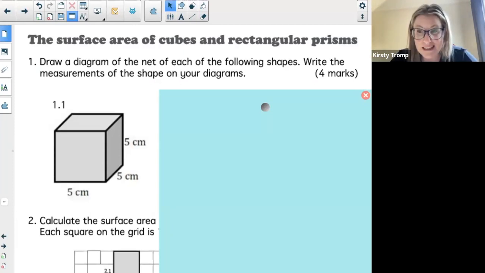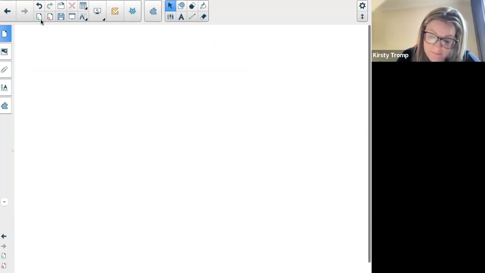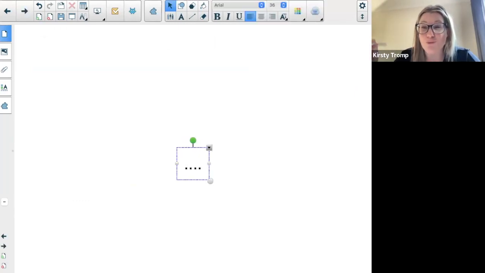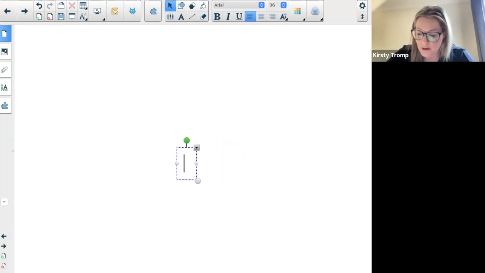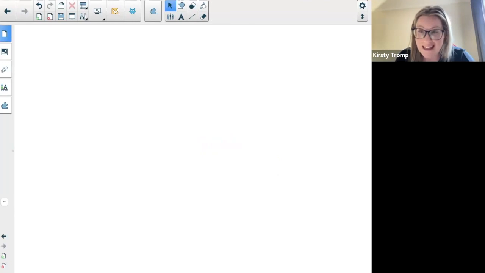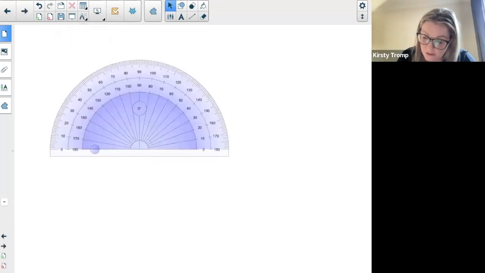So let's go grab a piece of paper. We need a ruler, everybody. I'm hoping that tonight you brought a ruler with you guys. So we've got our ruler and our pencil, and we're ready to go. I'm going to go grab my ruler. Oh, that's not a ruler.